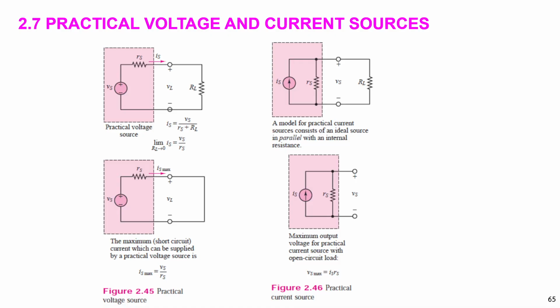The practical voltage source has resistance, right? And the practical current source also has an internal resistance. When you solve for a practical voltage source, you need to include the internal resistance in your formula, right?